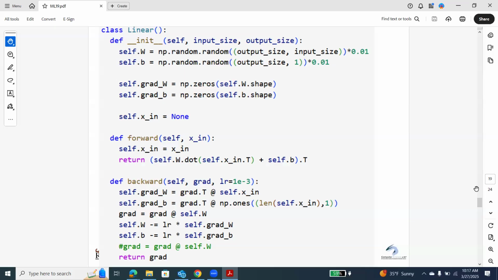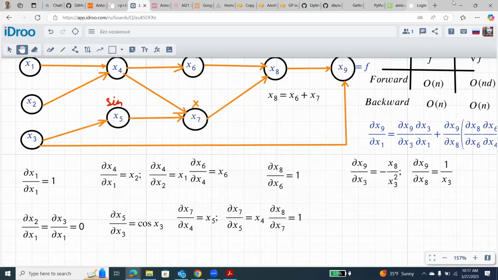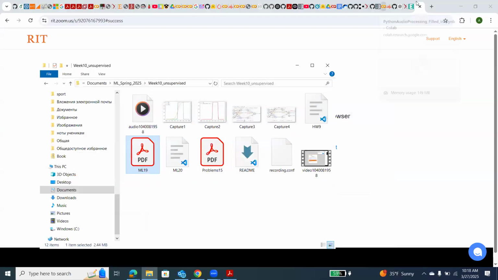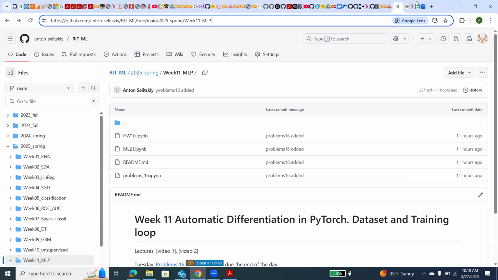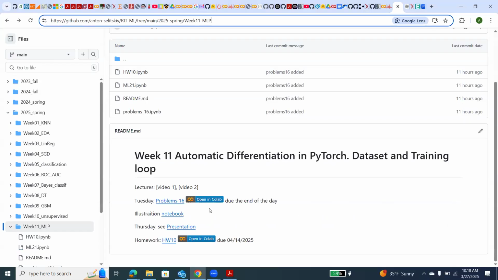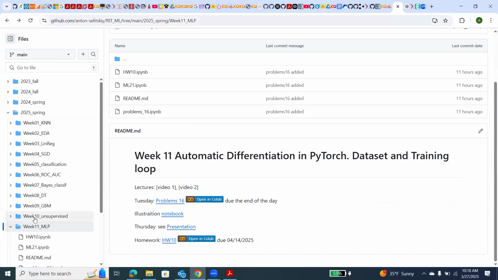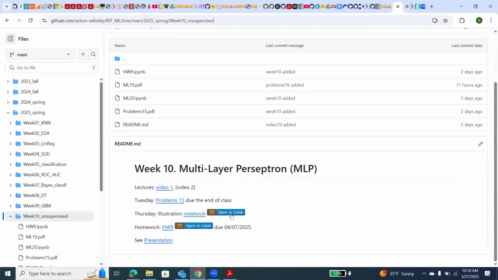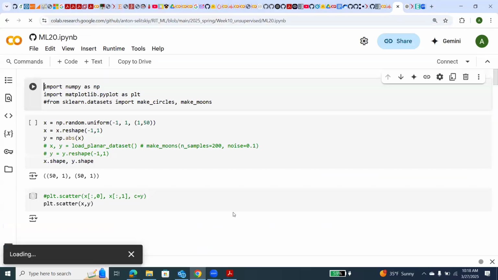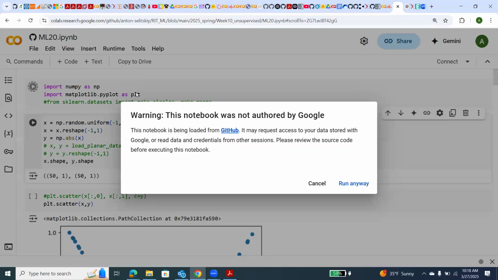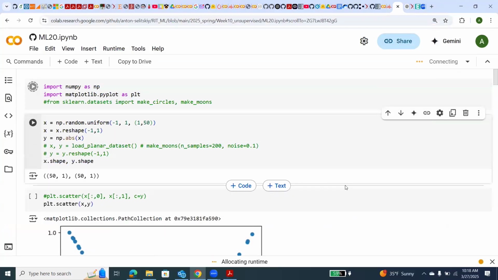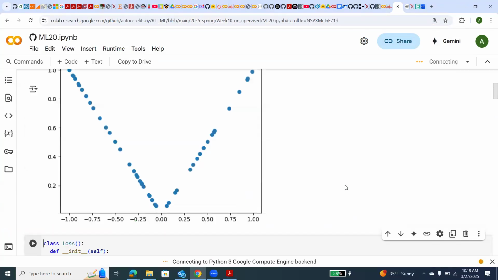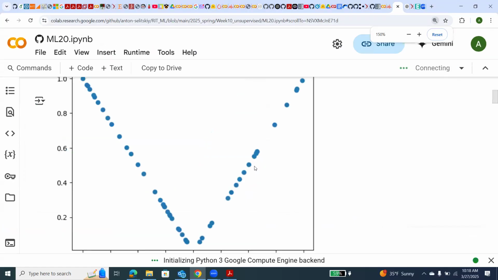So this is the formula for the linear layer. Now let's apply this in code. So this is our data.